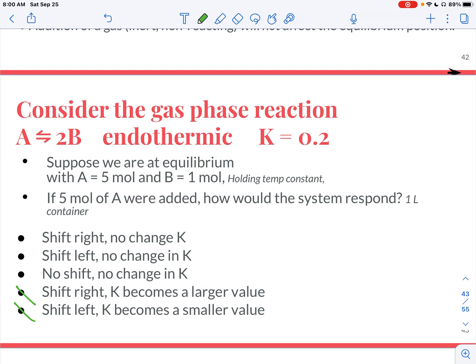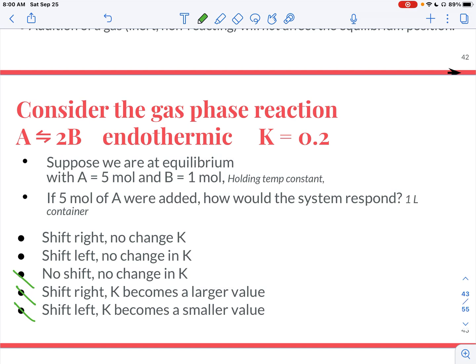You can also go ahead and rule out no shift, because if we're changing the concentration, it is going to shift. Okay, that's just a given. So now we just need to figure out if it's going to shift right or left. So there are a couple ways to think about this.